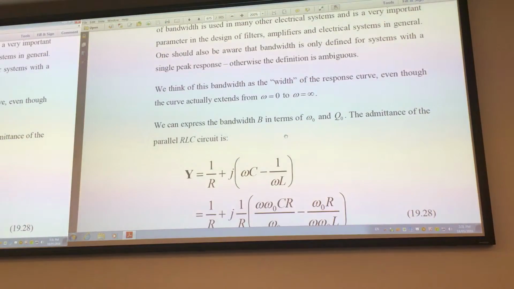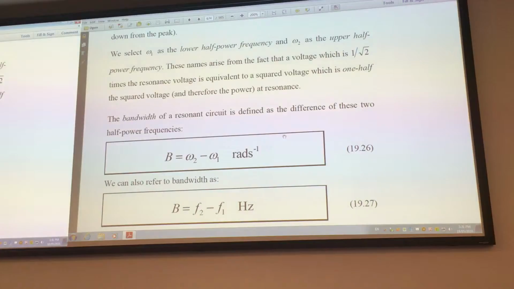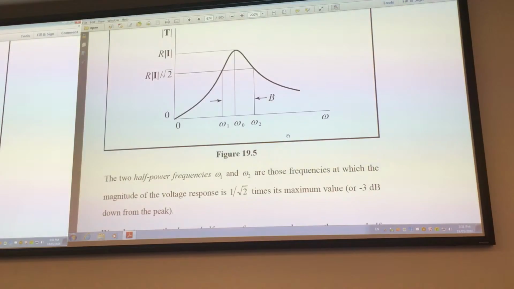Half power frequency, you know what it is. I think I explained why it's called half power. We have here R times I, which is voltage divided by square root of 2. So why do we call it half power?